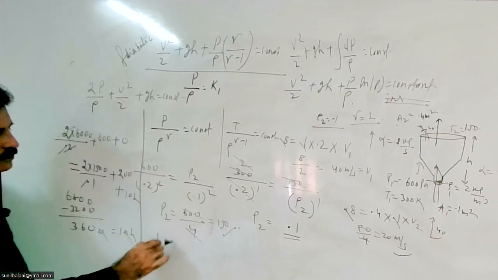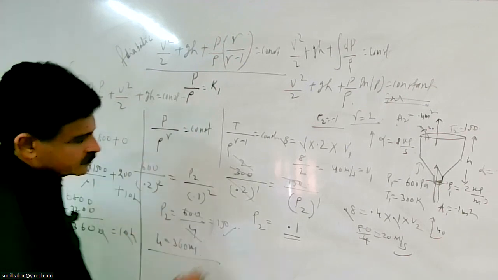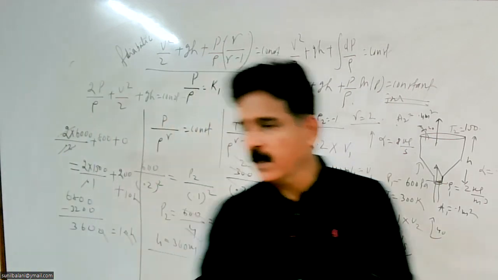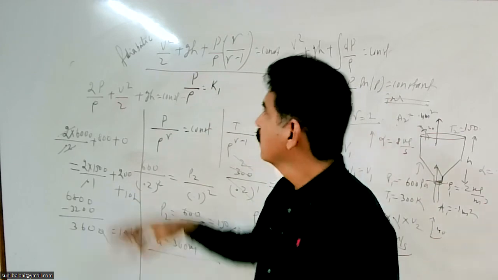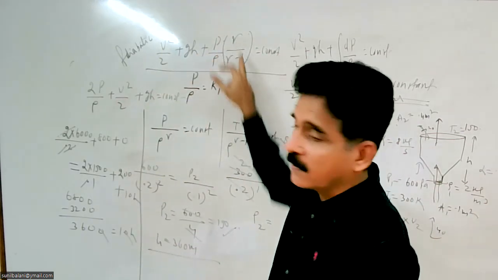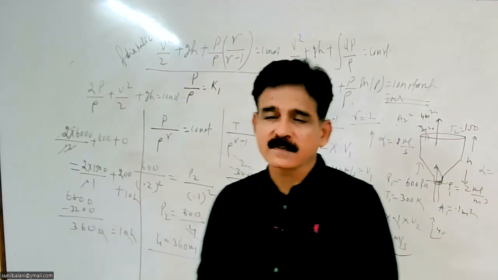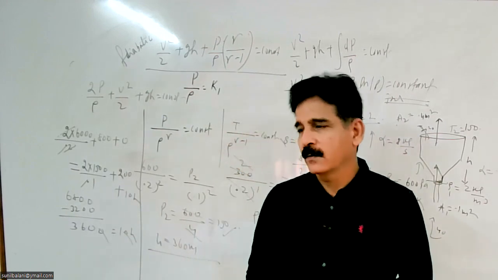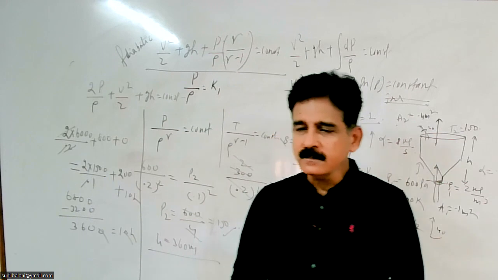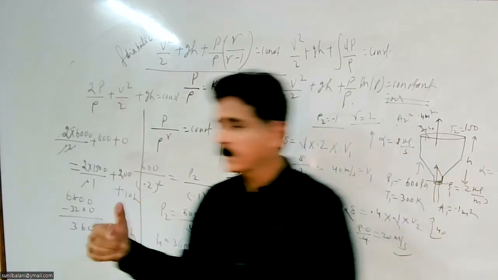So h becomes equal to 360 meters. So the correct answer for the height of the chimney will come out to be 360, not 590. Had you not taken this correction of gamma minus 1, you would have got your answer as 590, and you would have marked a wrong answer as correct, and you would have lost your marks. Okay, right. Let us move on to question number 12.